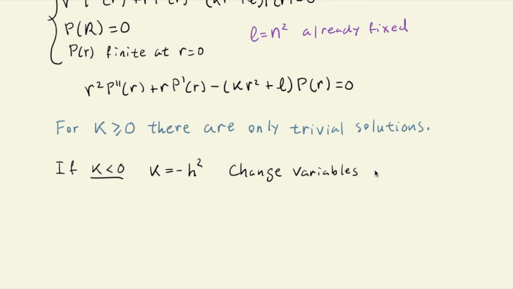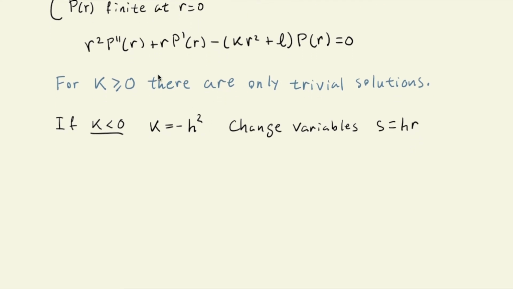So we're going to call the variable s equal to h times r. First, let's see. This equation now looks like r squared p prime prime of r plus r p prime of r minus, okay, so k now is negative h squared.